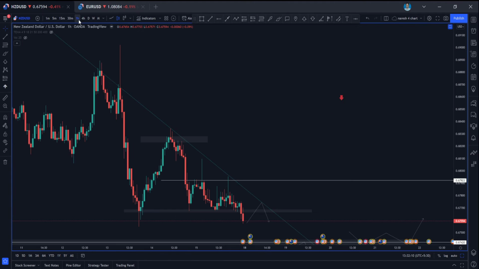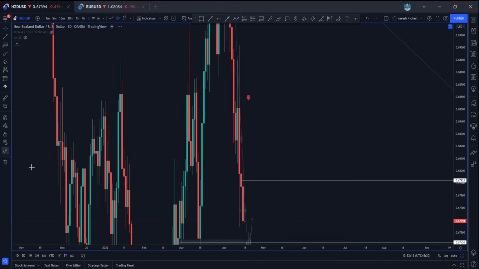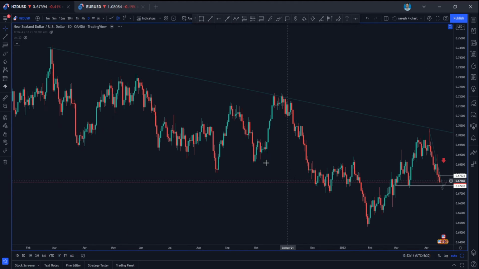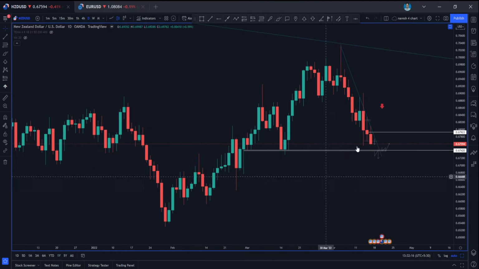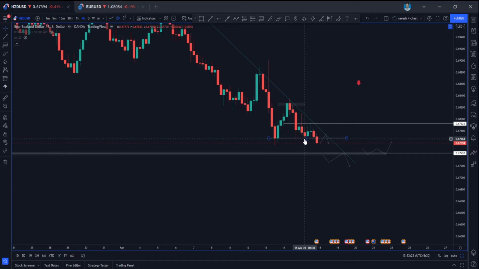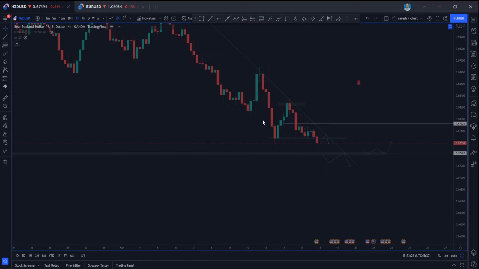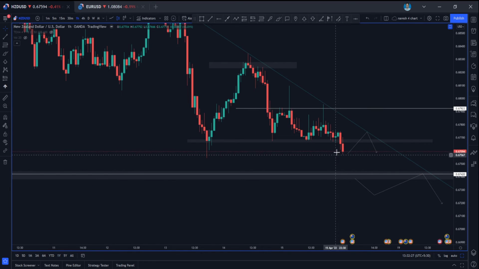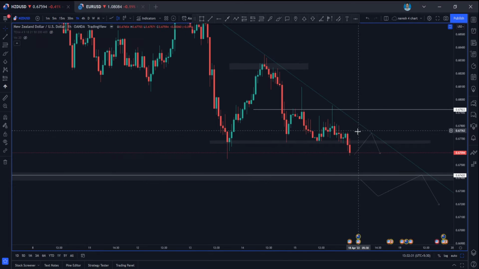So NZD is similar to AUD. The trend is down and it is totally weak in the 1 hour and 1 day time frames, and in the 4 hour time frame it also broke this support here. So I'm looking for a pullback to this zone again, and a short entry from here, because this trend is down.